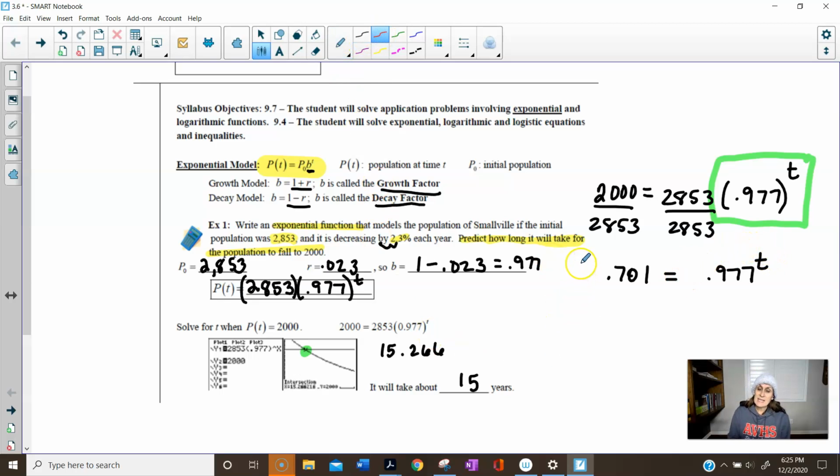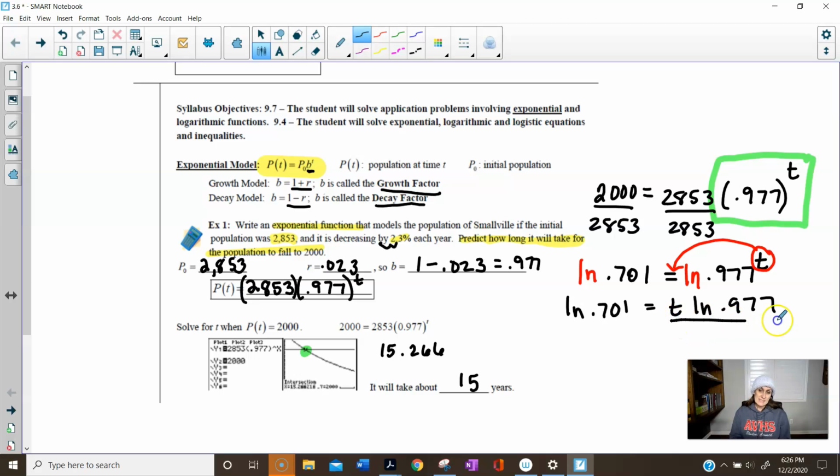So you're going to take either the logarithm or the natural logarithm of both sides. Doesn't matter whether you do log or natural log. And then I can use my power property of logarithms, which allows me to bring that t down in front. And so this gives me ln 0.701 equals t ln 0.977.